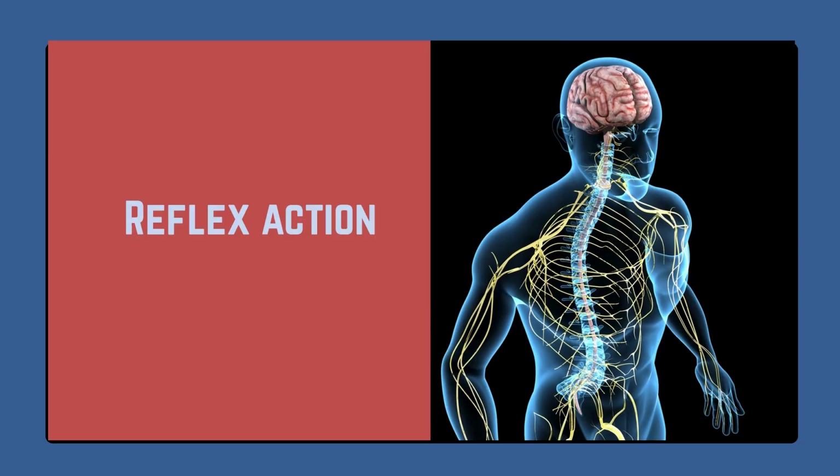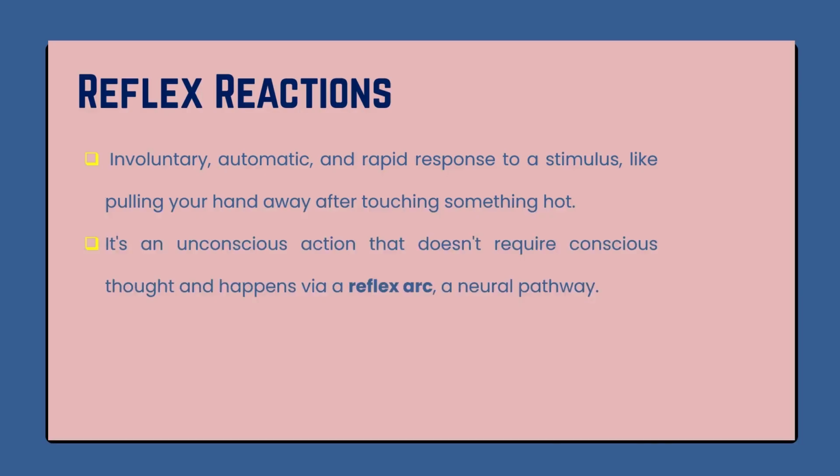See, reflex action is one of the central functions of the spinal cord. What is it? It is an involuntary, automatic, and rapid response to a stimulus. It's involuntary, which means you are not thinking it through. You are not doing it on purpose. It's happening automatically, right? And rapid, a very quick response to any stimulus. Something that is sharp, something that is hot, okay? Like pulling your hand away after touching something hot.